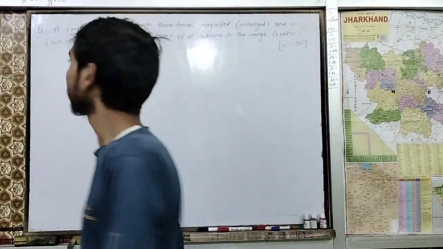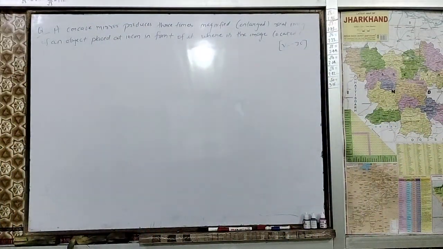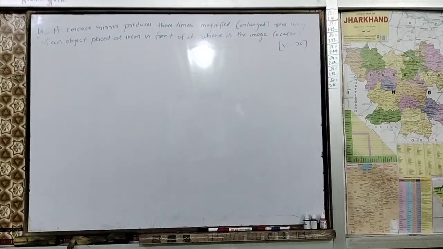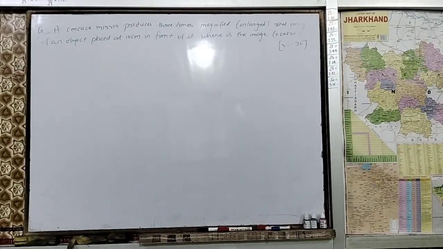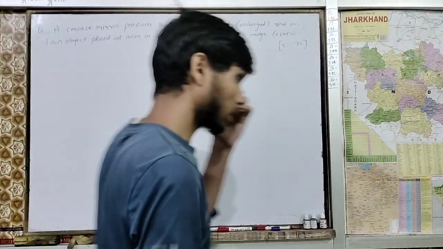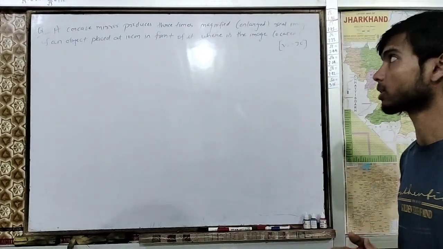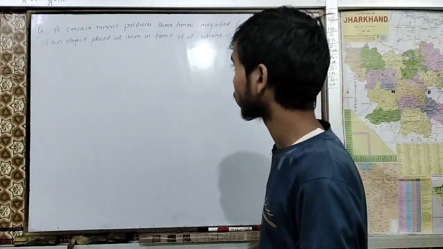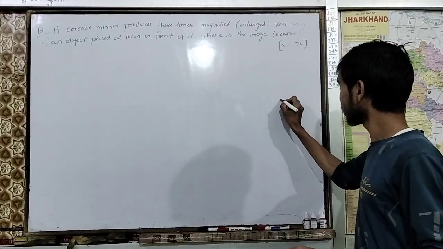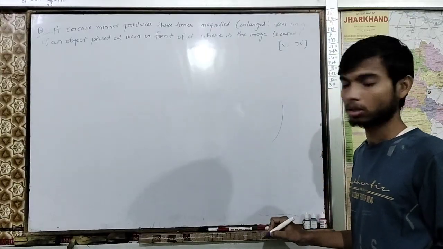Now read this. A concave mirror. We have a concave mirror whose reflecting surface is inward. The inward surface is the reflecting surface. So this is a mirror.